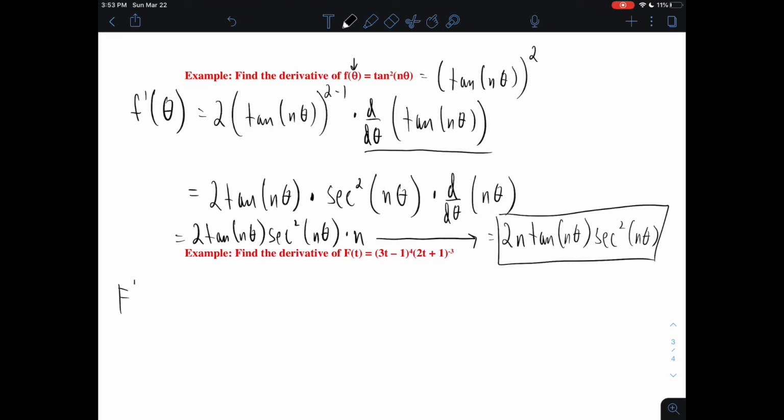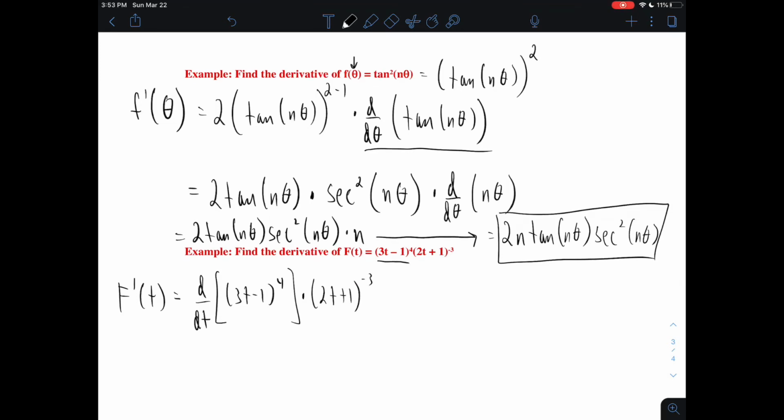So first of all, capital F prime of t, I'd have to find, by the product rule, the derivative with respect to t of our first part in the product, 3t minus 1 to the 4th. And then after I've finished with that derivative, I multiply that by 2t plus 1 raised to the negative 3.